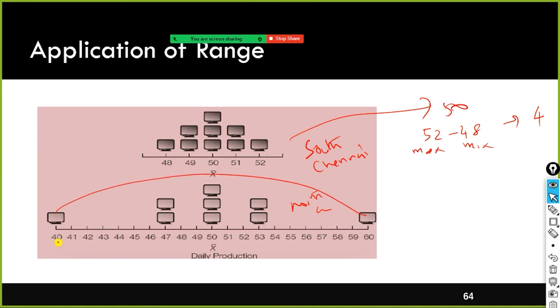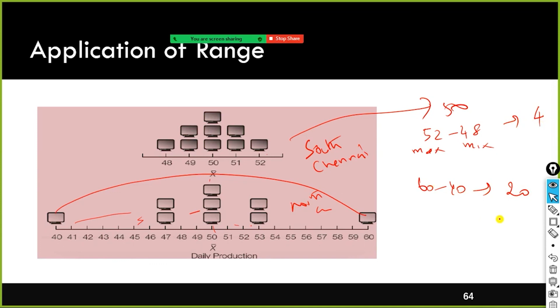The range of TVs they manufacture is between 40 and 60. Some days they manufacture TVs, some days they don't. There is no productivity. They are idle, and suddenly they are manufacturing something. So here, 60 minus 40, the range is 20. Here the width of the data is 4 only.